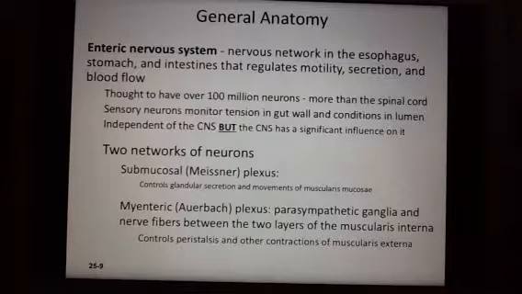They are working independent of the CNS, but the CNS is significantly influencing what's happening, and it's made of 2 networks of neurons, the submucosal plexus and the myenteric plexus. Again, when we look at what those muscles are doing, what peristalsis is, it'll make more sense why this many neurons is necessary.